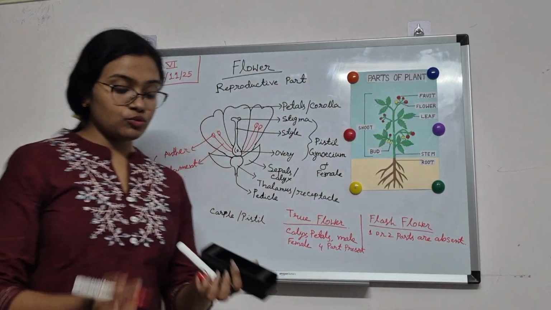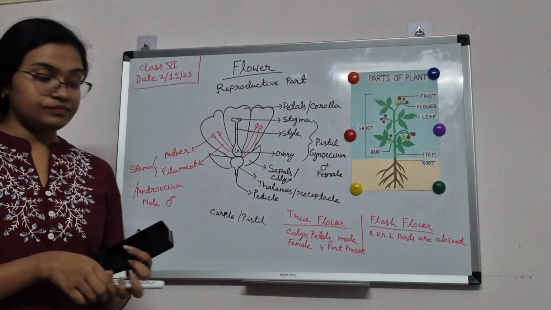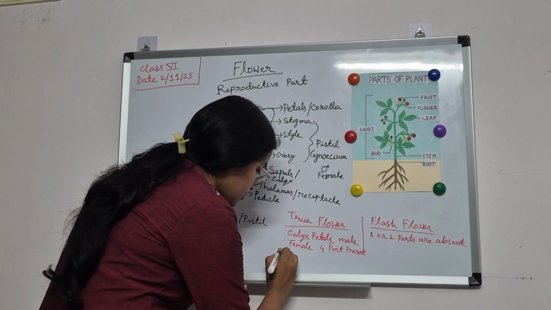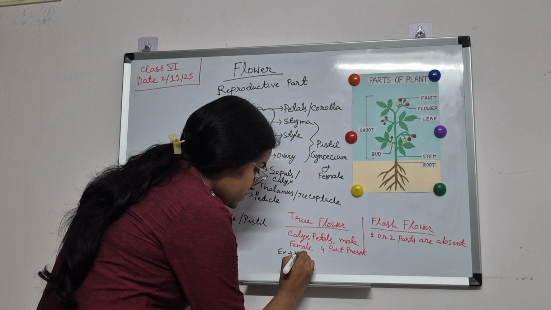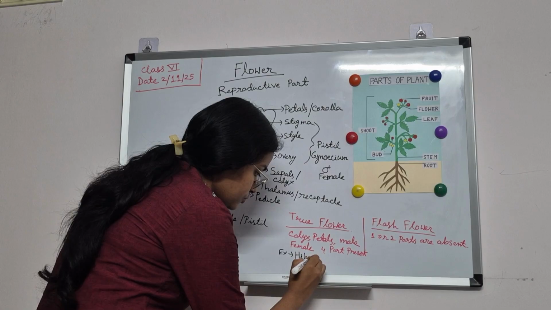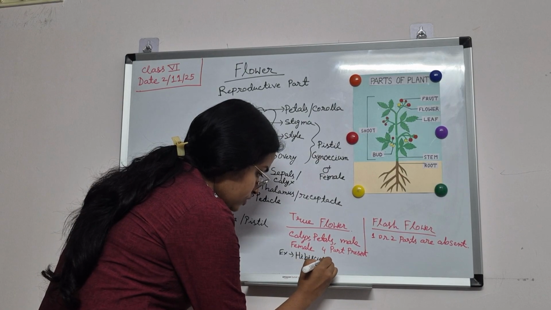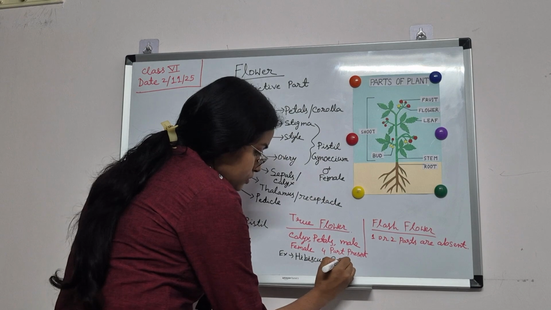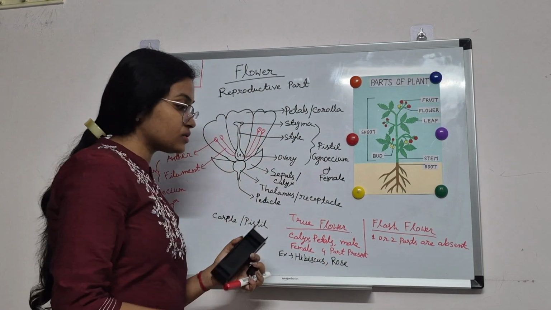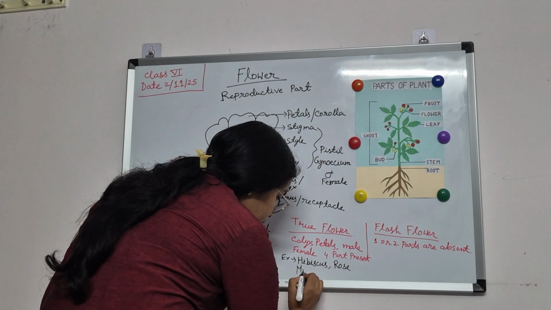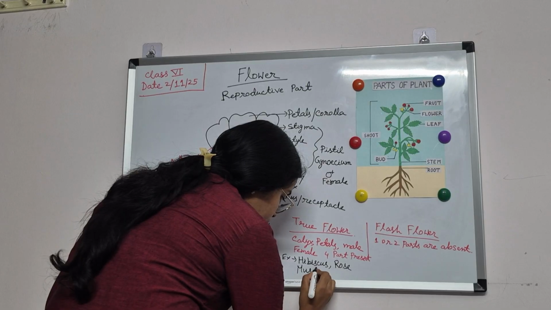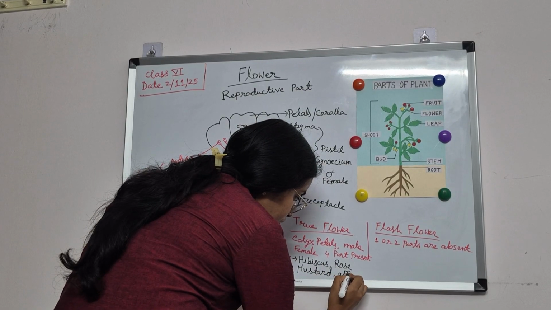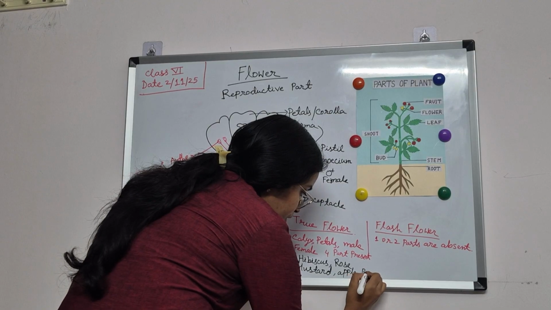Some examples of true flowers are hibiscus, or it is called the China rose, the rose, that means the normal rose, mustard, apple and pea.